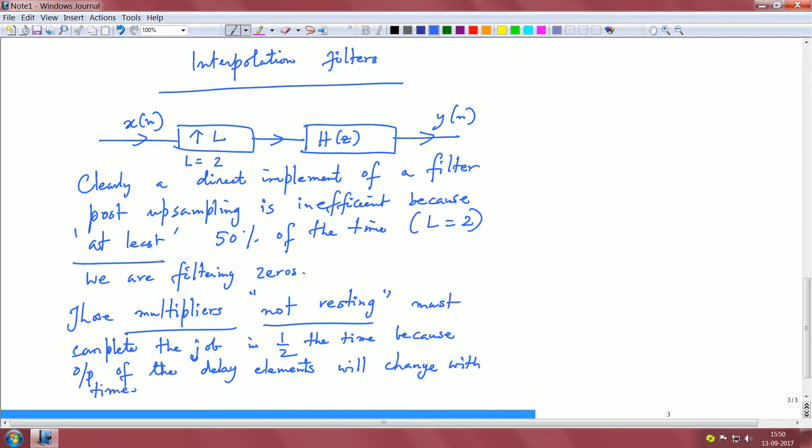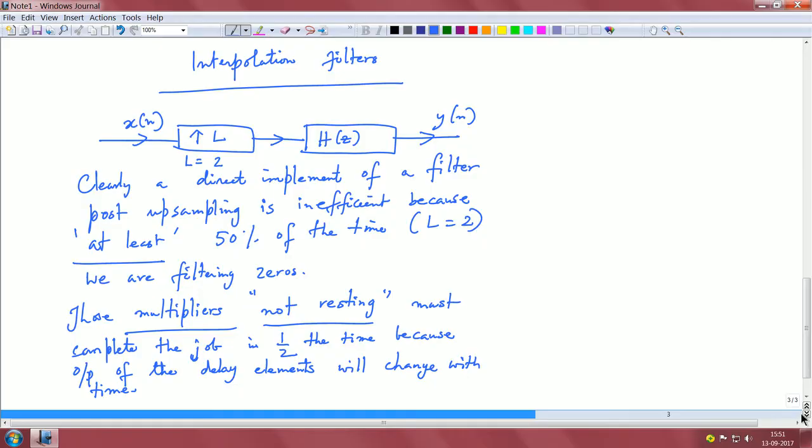If you think about any filter, basically you have delay elements, you have some scalars basically to scale the magnitude at the output of every tap delay line. So if you look at a direct form implementation, just brute force way, you are really not efficient, because half the time you are just filtering out the zeros and those multipliers are not resting, right. So they must complete the job in half the time for L equals 2.